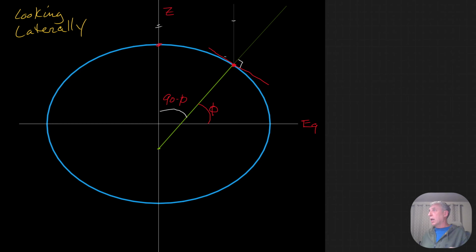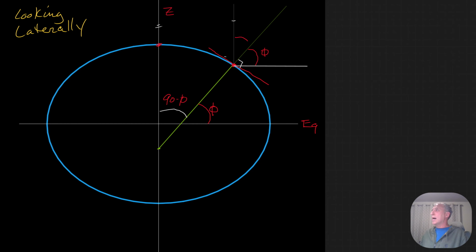And if I were to likewise draw the parallel to the plane of the equator, that would be, change colors, here. So that's parallel to the plane of the equator. And if we do that, it's easy to see that our angle here is phi.